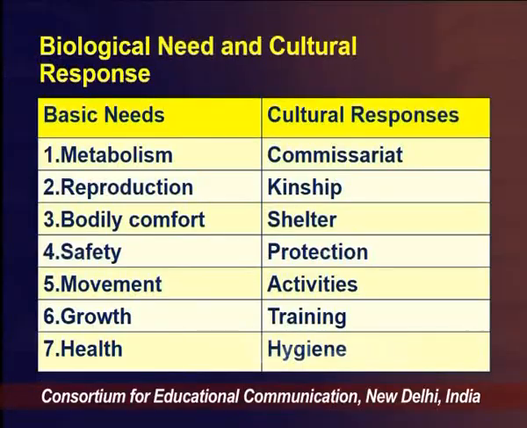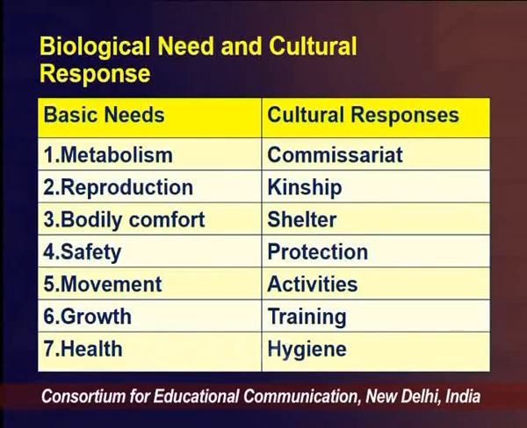Malinowski then follows this 11-fold paradigm and gives us basic needs versus cultural responses. The basic need is metabolism, for which the term he uses is commissariat. The second is reproduction, and the cultural response is family and kinship. The third basic need is bodily comfort, and culture has developed residence and shelter.